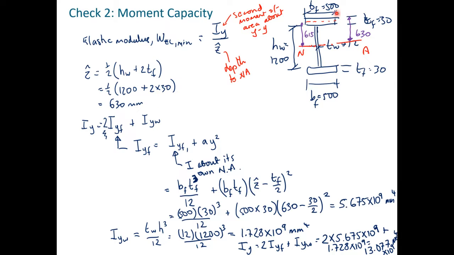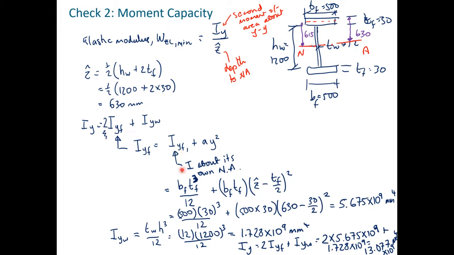Working out the flanges, we use the parallel axis theorem, so it's the I for the flange itself, and then because it has a distance away, the neutral axis of the flange, away from the overall neutral axis of the section is 615 millimeters. So it's going to be the area of the flange times the distance away from the neutral axis squared. So that's Ay squared.